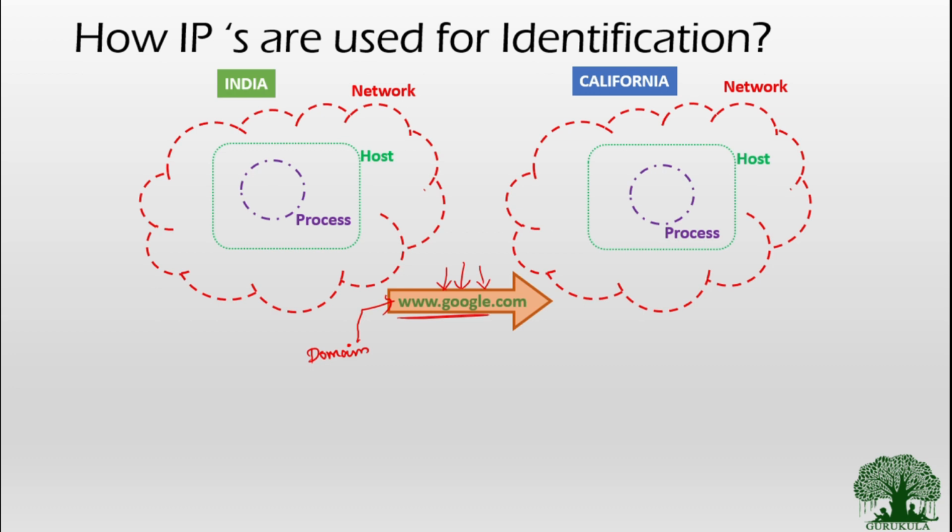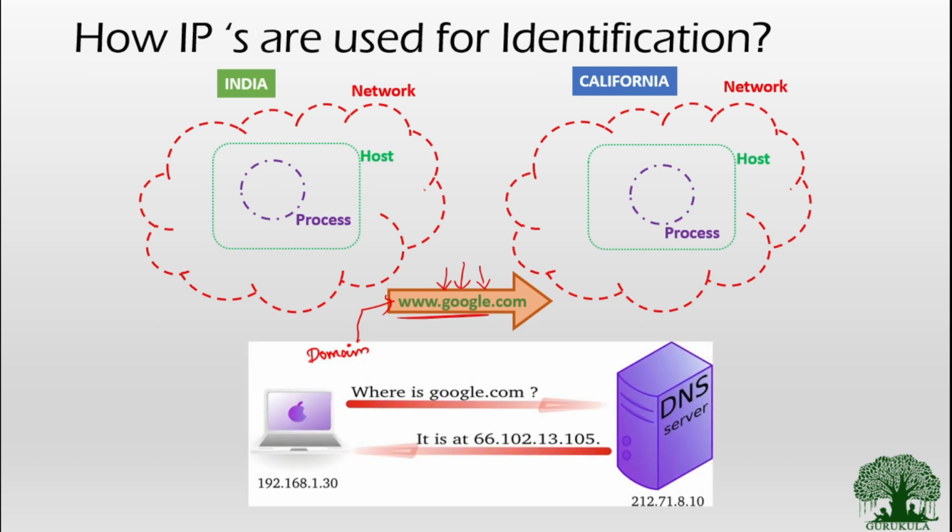That is where another small principle comes into the picture. We call that DNS, that is domain name servers. These domain name servers are giant dictionaries, or a giant phone book, I can say, storing the IP address of each and every domain. So instead of this request directly getting delivered to California, it will be given to the DNS server first. www.google.com will be given to the DNS server, and my DNS server will look up its entire table, and respond back with an IP address like this.